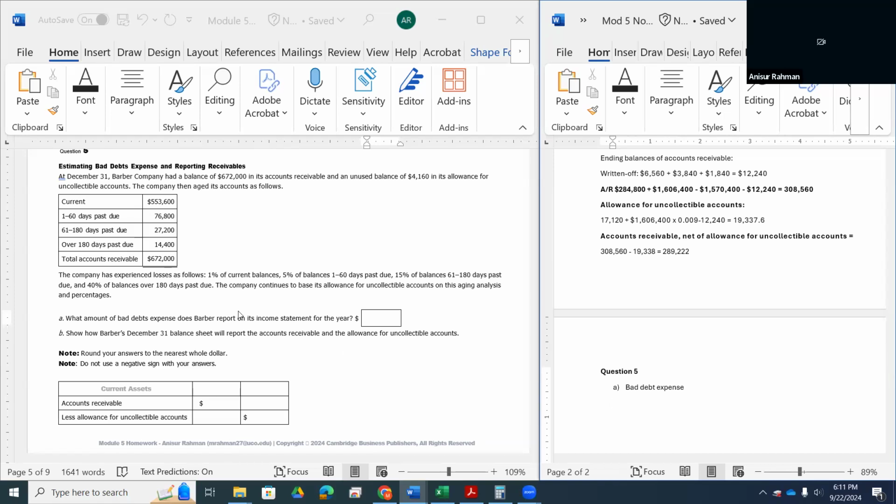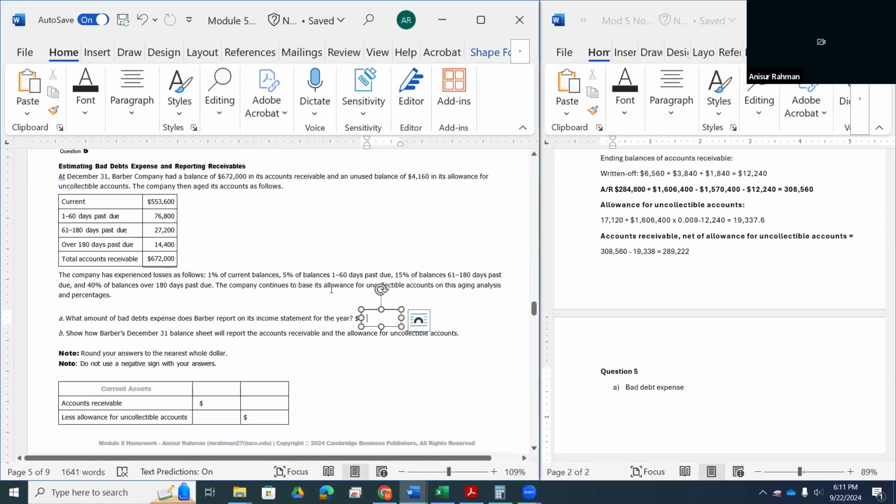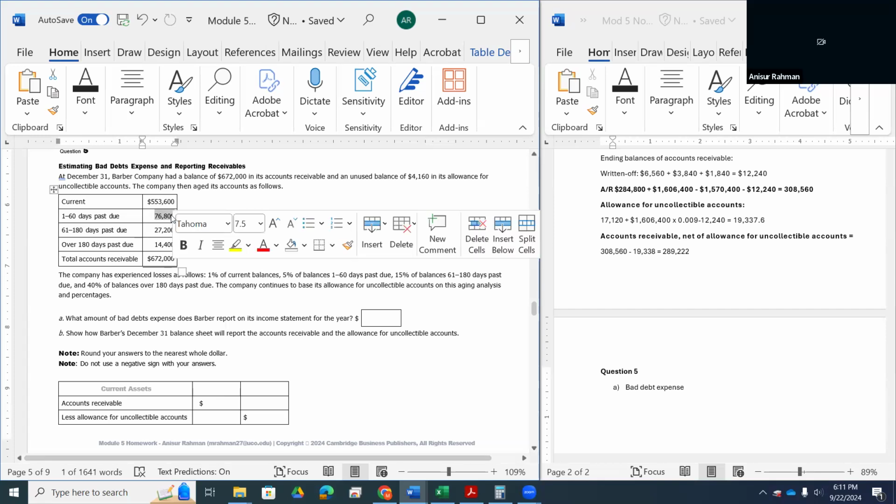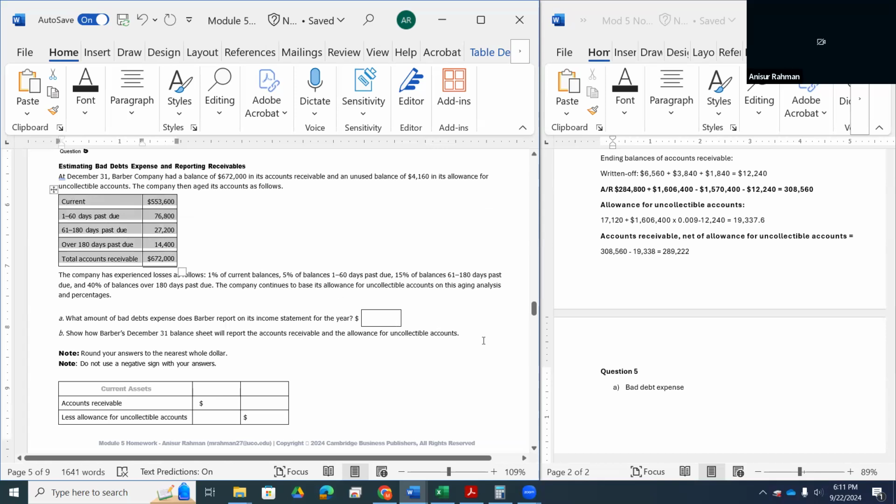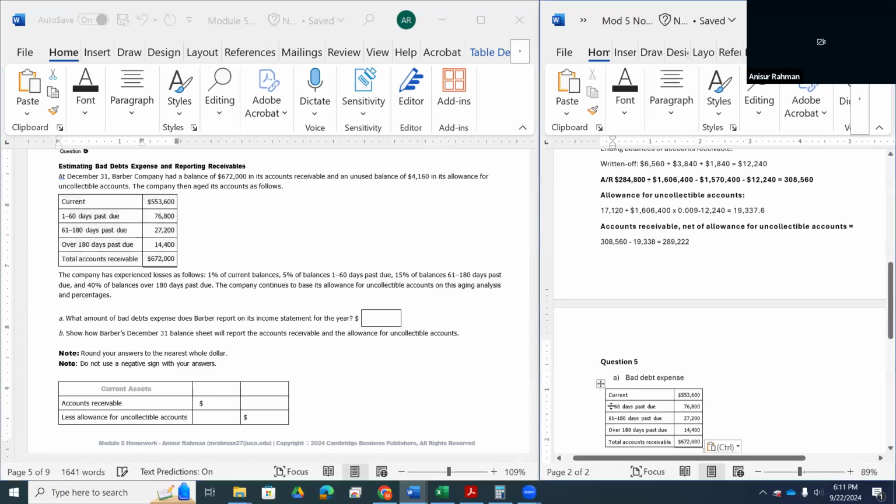In this question, it is telling us the company continues to base its allowance for uncollectible accounts on this aging analysis. So we have to find 1% of the current balance, 5% of balances 1 to 60 days past due, and so on and so forth. So I'm going to copy this here, paste here.